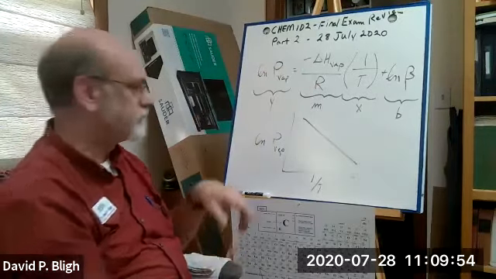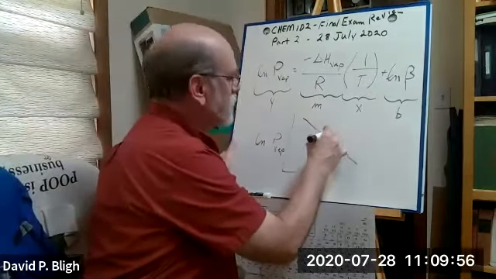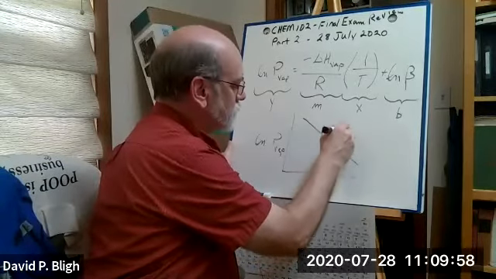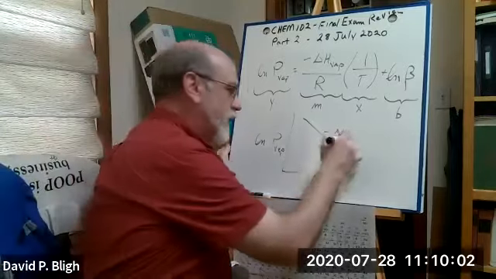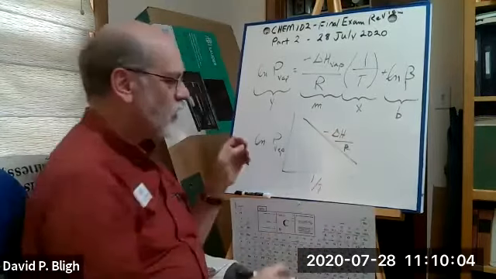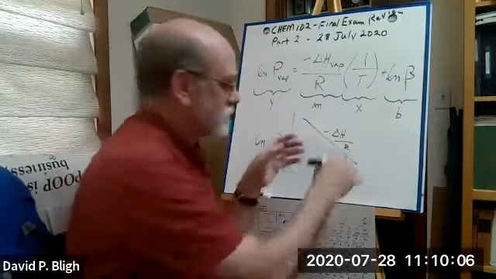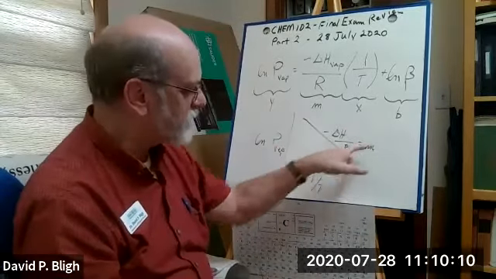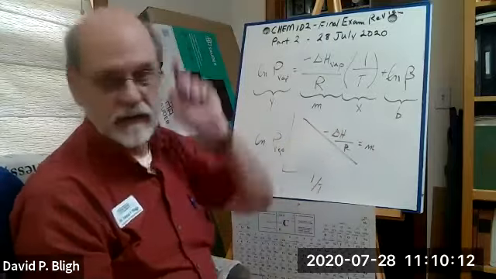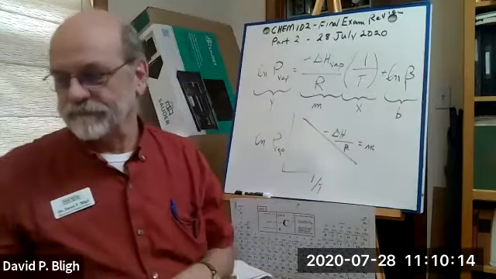Negative slope. And this slope would be the negative delta H divided by R, excuse me. So if that slope is the value equal to this, then whatever this value is, multiply it times R, change the sign, and you got your delta H. Okay?